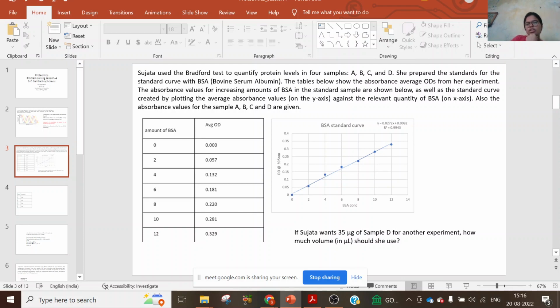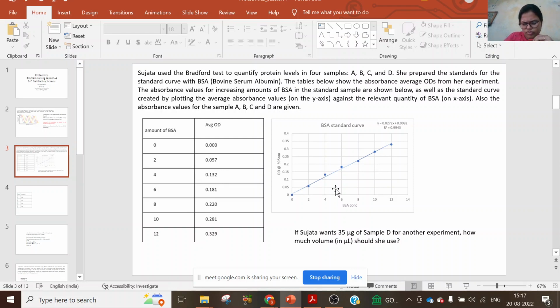Has anyone calculated the amount of protein D? No one has done that yet. Ma'am, I was asking, to calculate, x will be 0.308, then we have to find y. Your voice is breaking. Can you repeat the query?